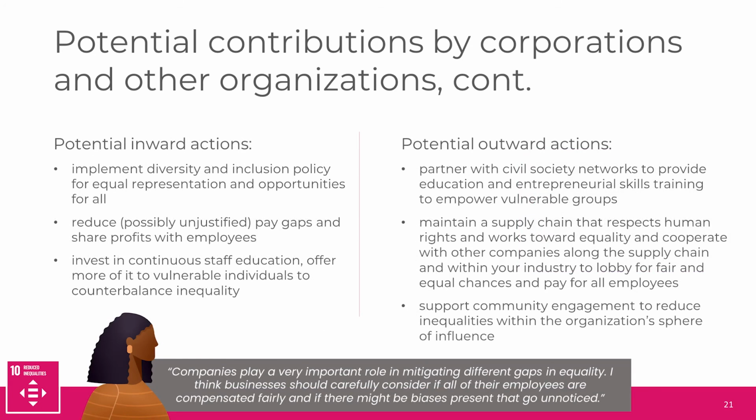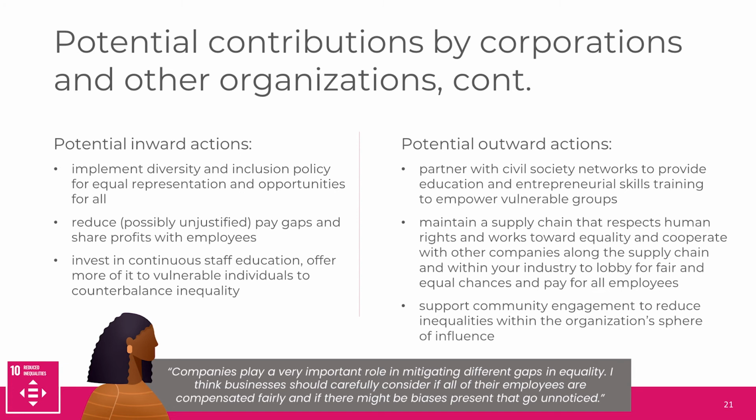A potential inward action could be to reduce, like I said, pay gaps and share profits with employees, to implement a diversity and inclusion policy for equal representation and opportunities for all.